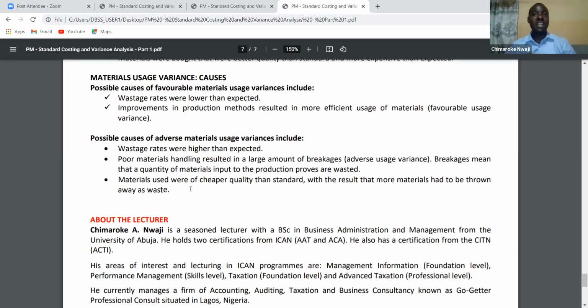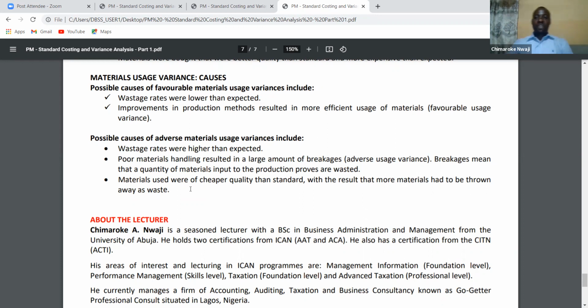The question might give you a lead as to what may be the cause of the variance, because you might have a question asking you to give the total variances, investigate and break the variances down to their price and usage variances. And they might ask you what the causes of these favorable or adverse variances are. So be ready to explain to the examiner all that you do.